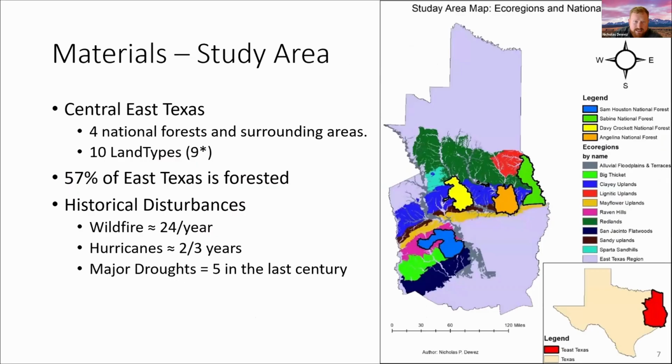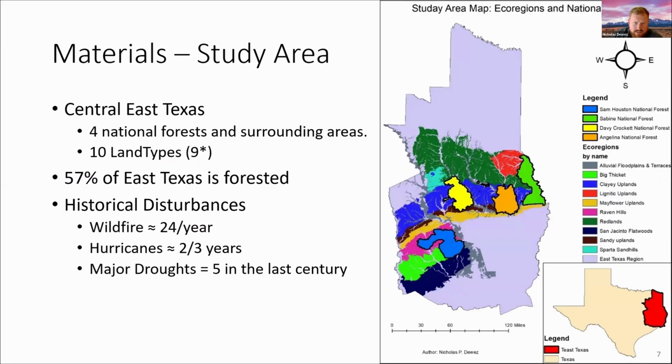To address this, our study takes place in the central area of the East Texas region, and more specifically in the 4 national forests of East Texas and their surrounding areas. The figure on the right here illustrates the distribution of the 4 national forests within the East Texas region and the 10 land type associations that will be used in the simulation modeling framework.